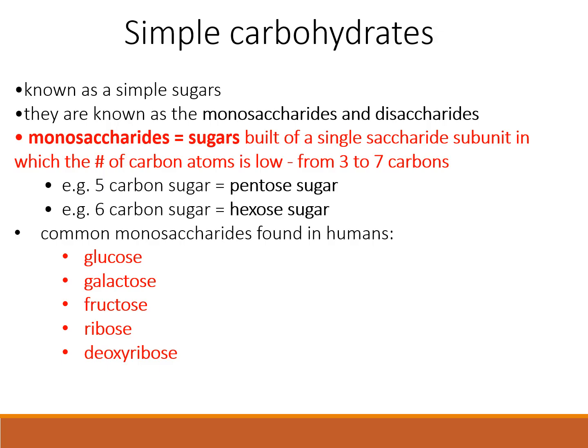Just as an example here, the monosaccharides that you would find in humans are glucose, galactose, fructose, ribose, and deoxyribose. These monosaccharides are by no means unique to humans. You will find them in a wide variety of other organisms.